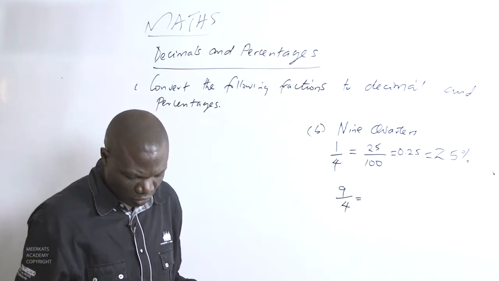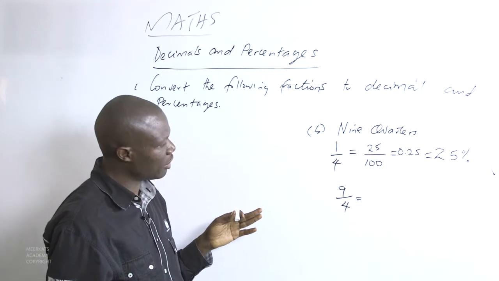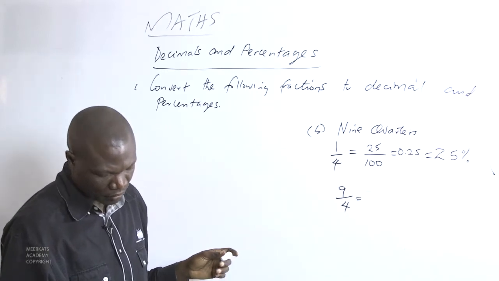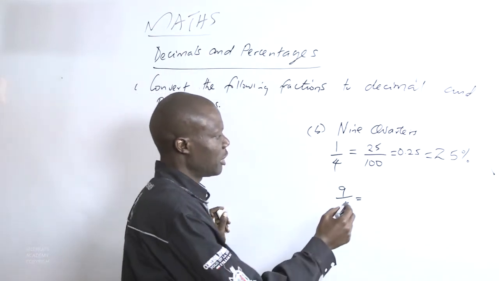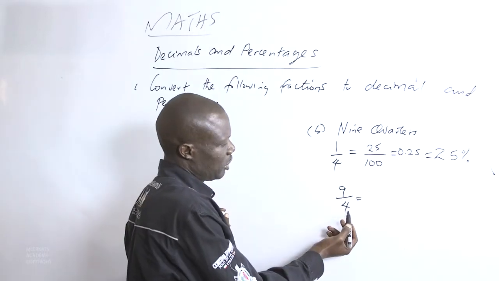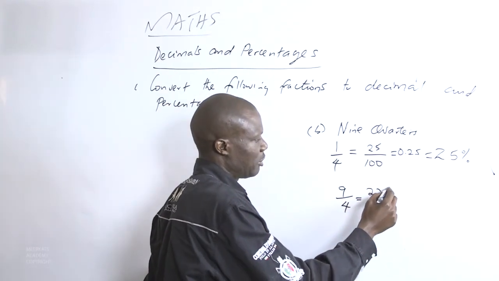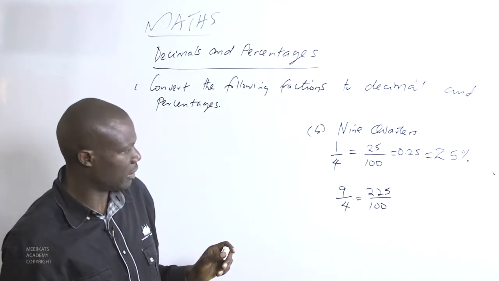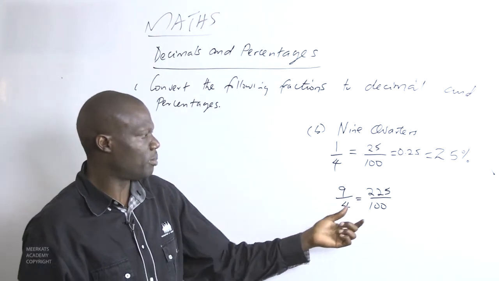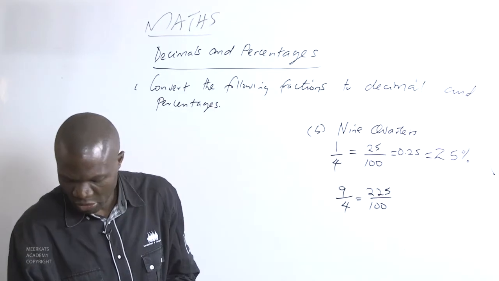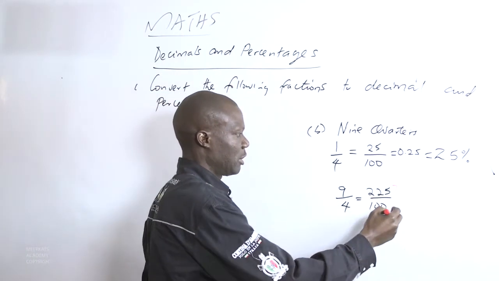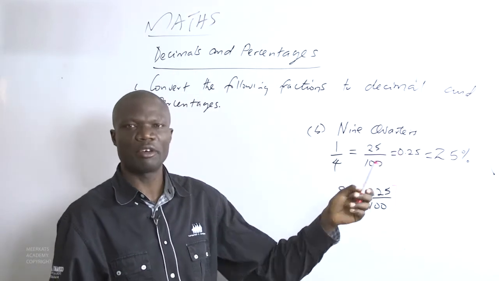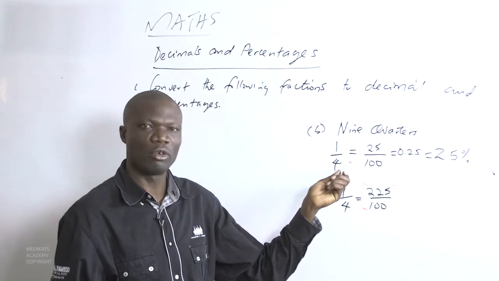For the second part, we multiply across, and you get 9 times 25, which is 225, over 100. This part is not that necessary, because we already have the decimal for the memory fact.